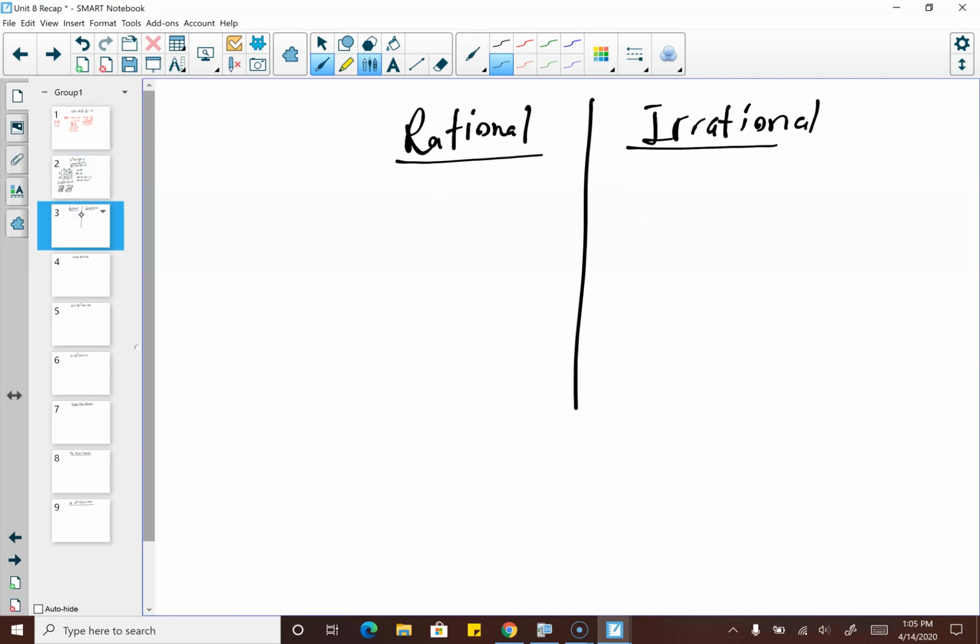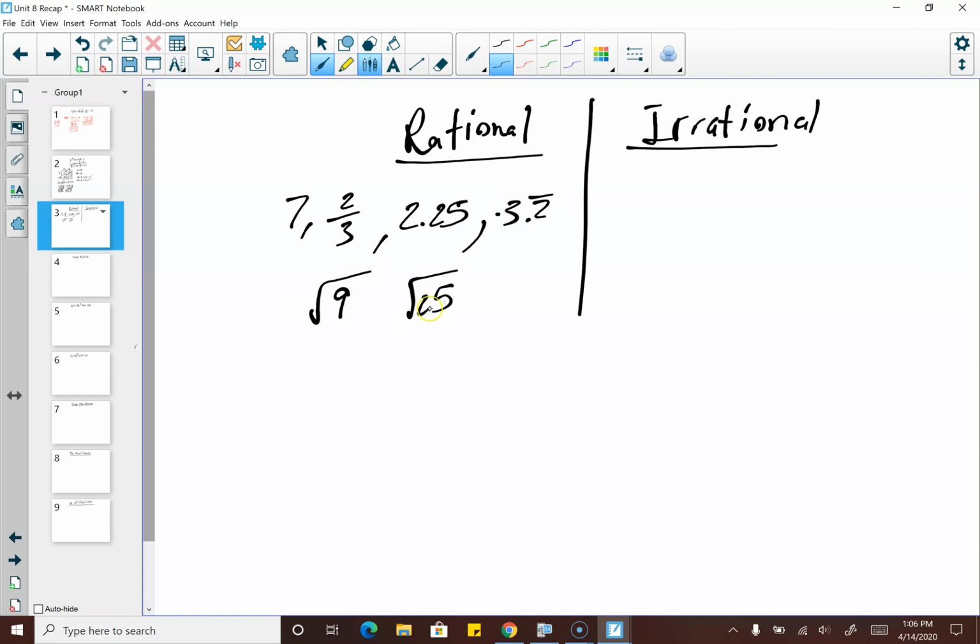The other piece we want to look at is rational versus irrational. So really, one of the major things we need to look at is, what are our rational numbers? Well, all of our integers, fractions that don't have square roots, decimals that stop, or decimals that repeat, but also the square roots of our perfect squares, like the square root of 9, because that's really 3, the square root of 25, because that's really 5.